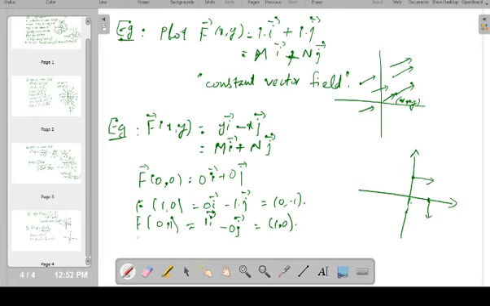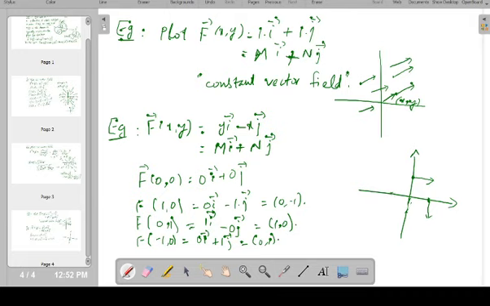Similarly, f of minus 1 comma 0 is 0 into i minus 1 into j, that means minus 1 into j... so it is 0 comma 1. So plot that vector at the point minus 1 comma 0.